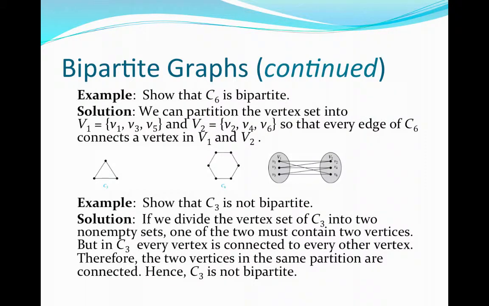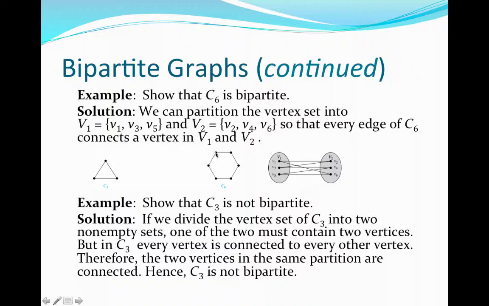We can also look at particular examples that we looked at before. So if we look at a cycle with 6 vertices, it looks like this, and it turns out that it is also bipartite. How do we see this? Well, we can simply color every other vertex with the same color.